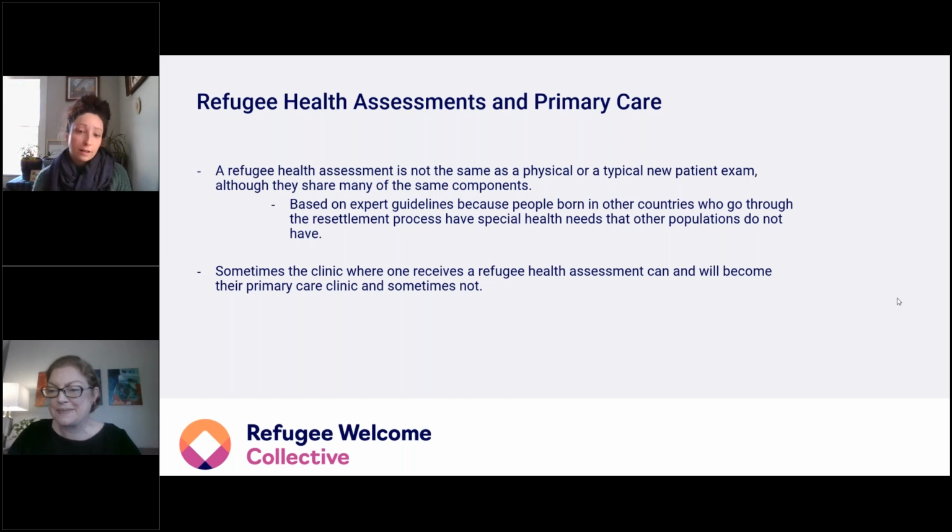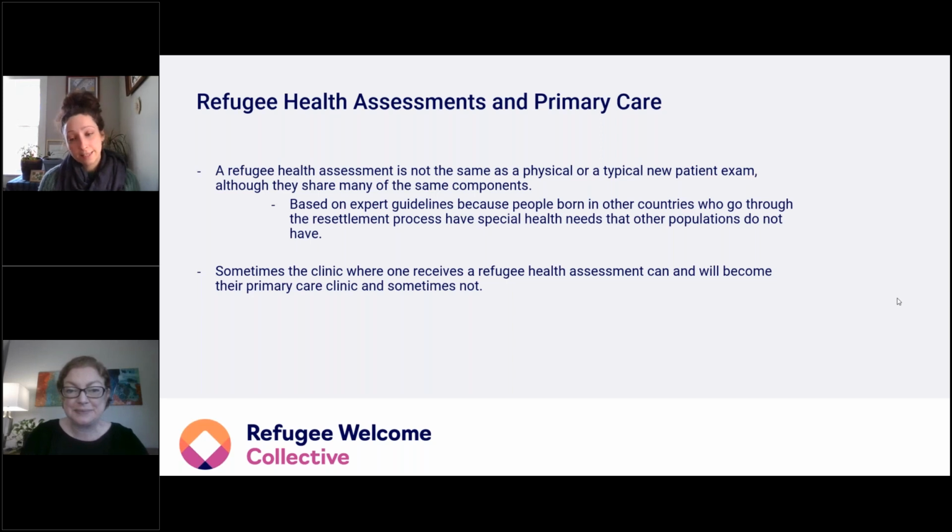So sometimes that clinic where one receives a refugee health assessment can and will become their primary care clinic. This depends on what the clinic is, the geography, if they're close by, if the newcomer had a good relationship with that provider, all the stuff that we look for in a primary care doctor as well. Sometimes that clinic won't be able to provide primary care.